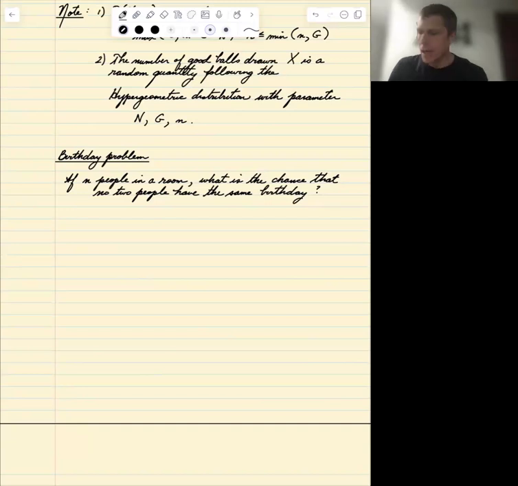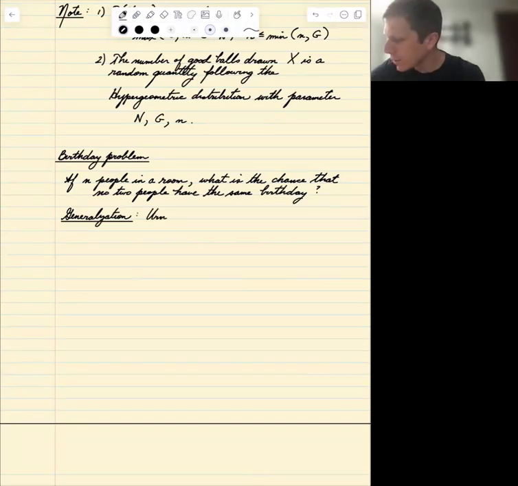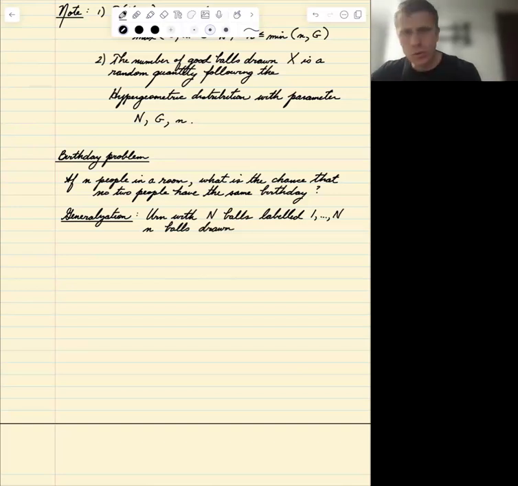But now, to generalize this birthday problem, we think of having an urn with capital N balls labeled 1 up through N. Little n balls are drawn uniformly with replacement.